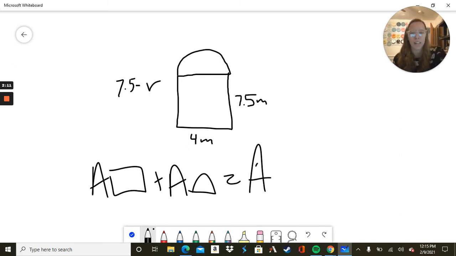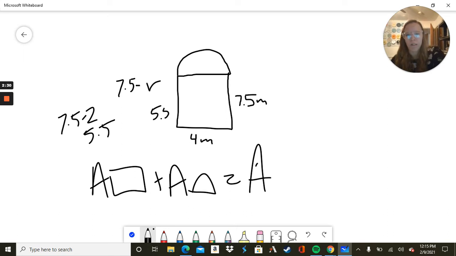The diameter of the semicircle is 4. The radius is half of that. So 7.5 minus 2 is 5.5. So here we have 5.5 for this part.